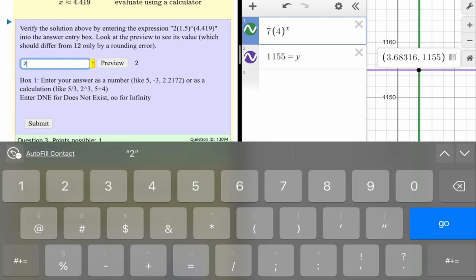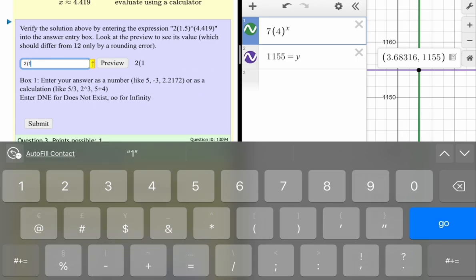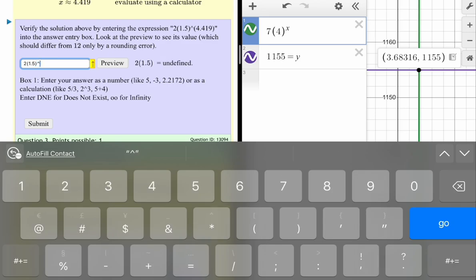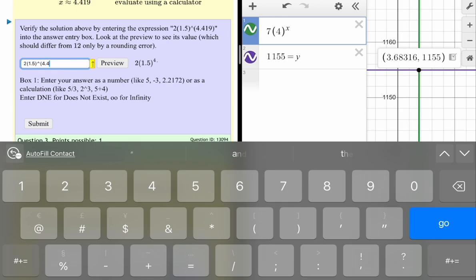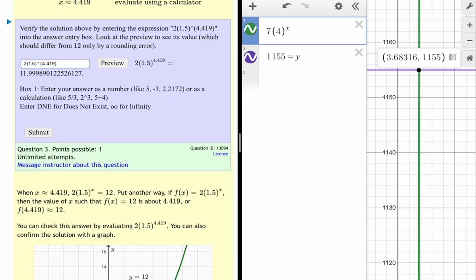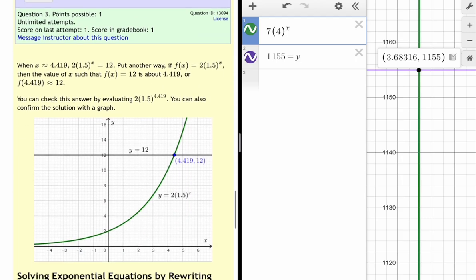So it's 2 times the quantity of 1.5, enter whatever yours says, to a power of, and they use parentheses everywhere, so I'm going to put it exactly like they did. And if you see the preview, it is really close to 12. Okay, so that's what they wanted there.